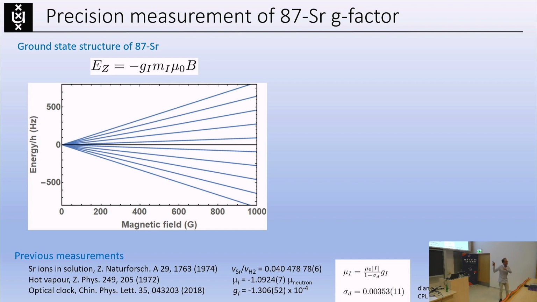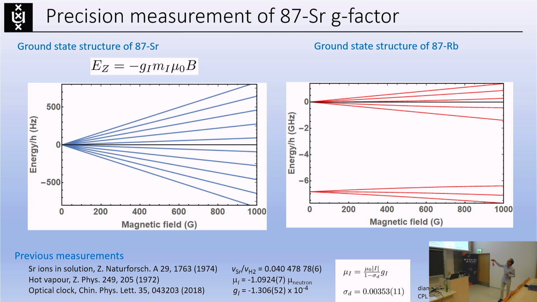Let me show you one little nice thing you can also do with mixtures. We can use rubidium as a co-magnetometer, and that enabled us to really nicely nail down the g-factor of strontium-87. We have these 10 spin states, and they're roughly 180 Hertz per Gauss per mF state separated. And we just apply a magnetic field, super stable, as Mateusz and Prem's work built a very nice magnetic field system.